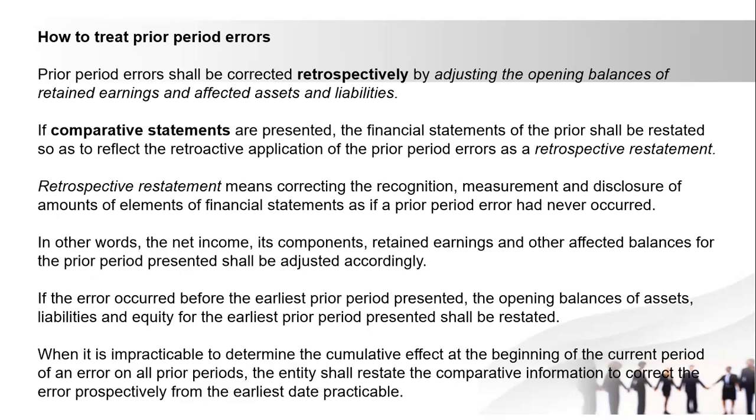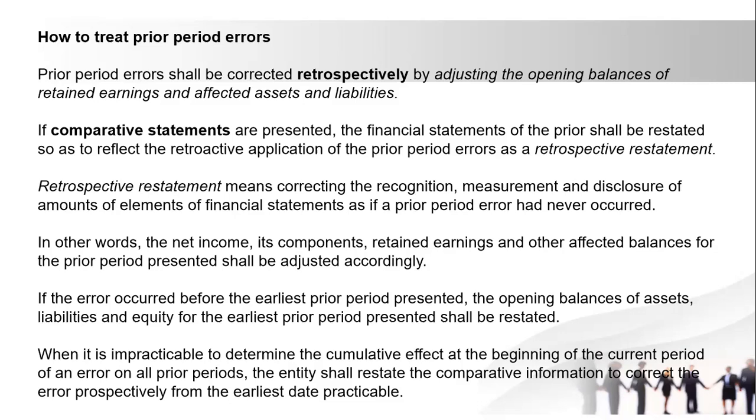If comparative statements are presented, the financial statements of the prior period shall be restated so as to reflect the retroactive application of the prior period errors as a retrospective restatement. Retrospective restatement means correcting the recognition, measurement, and disclosure of amounts of elements of financial statements as if a prior period error had never occurred.